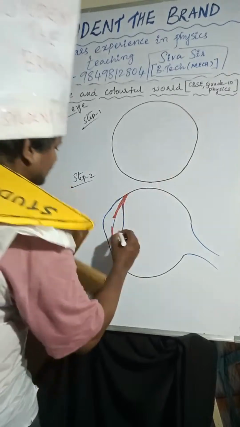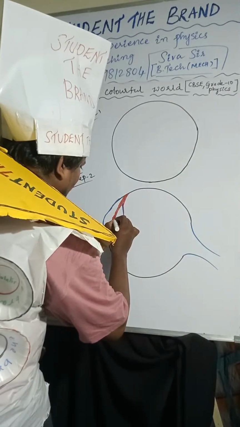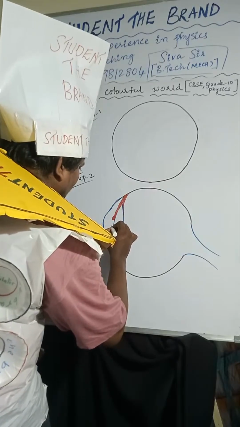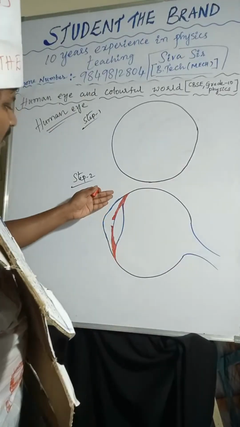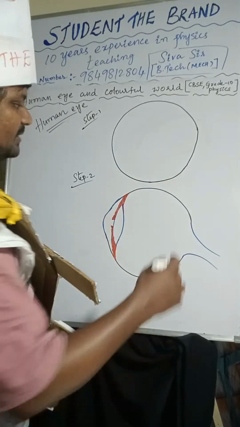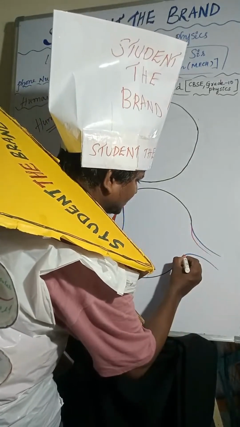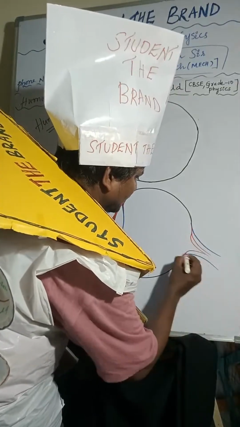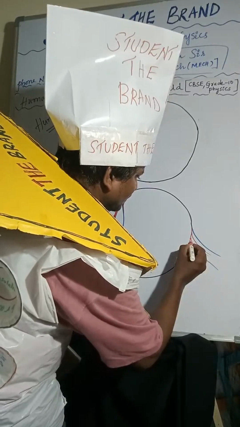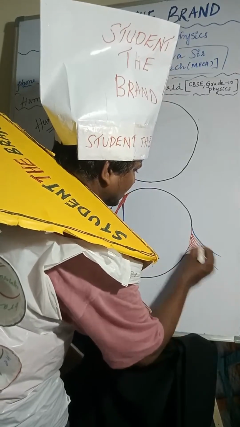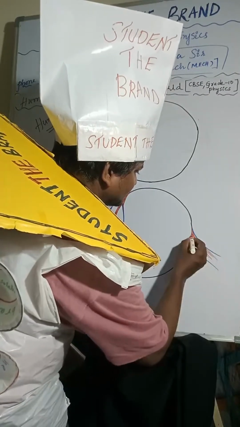Okay. So this portion is the pupil, where a light ray will enter. This is the iris. This portion is iris. And here you are drawing until here. So these are the ciliary muscles.